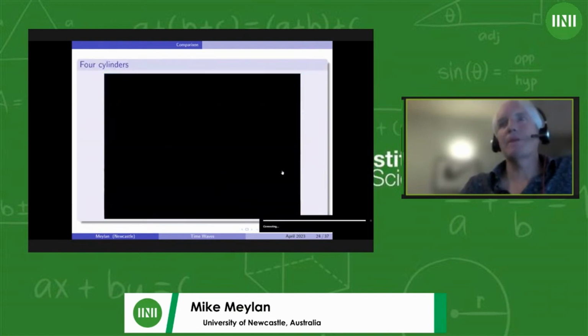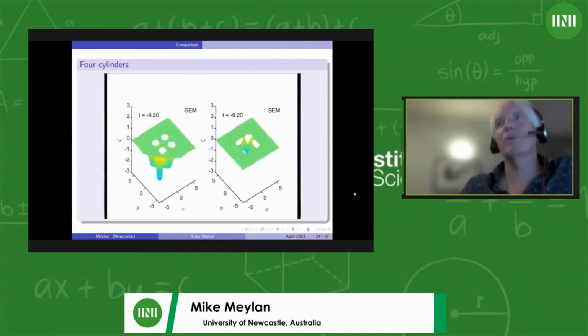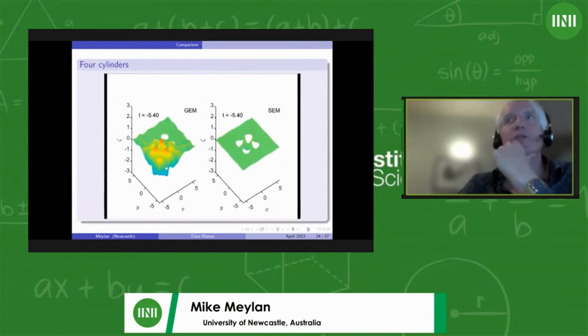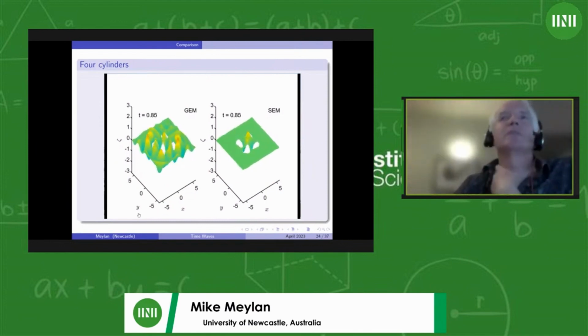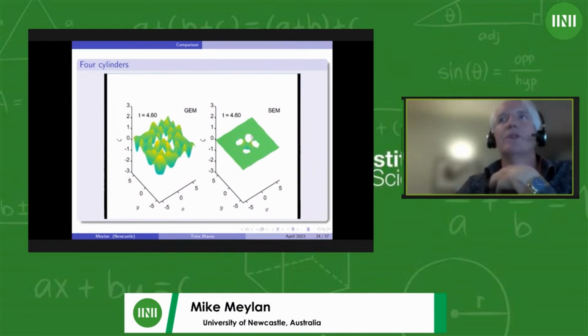All right, so hopefully I can illustrate this problem here. This is what I call the generalized eigenfunction. This is the full time dependent solution. I'm hitting this thing with a pulse. This is 4 cylinders, and I'm looking at it like a wave moving up and down on an ocean. The 4 cylinders are symmetrically arranged, and of course 4 cylinders have this highly trapped wave inside.